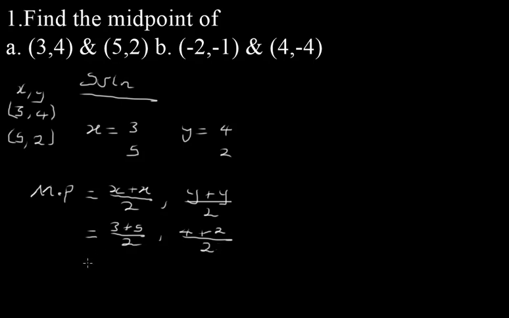So 3 plus 5 gives us 8 divided by 2, comma, 4 plus 2 gives us 6 divided by 2. 8 divided by 2 will give us 4, comma, 6 divided by 2 will give us 3. So therefore, our midpoint MP equals 4, 3. Quite easy to grasp. And we can do the second one.